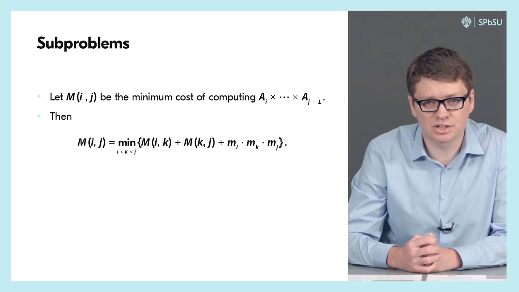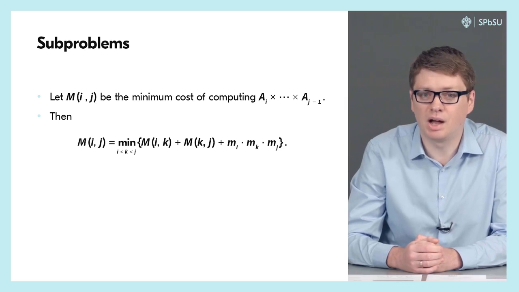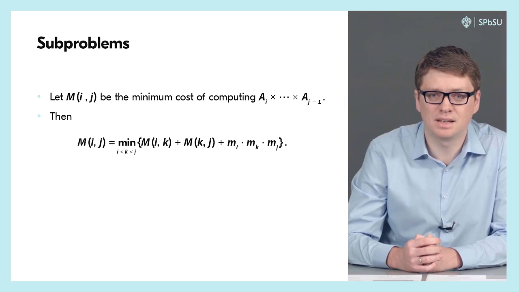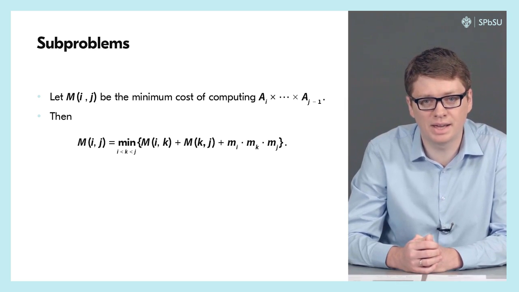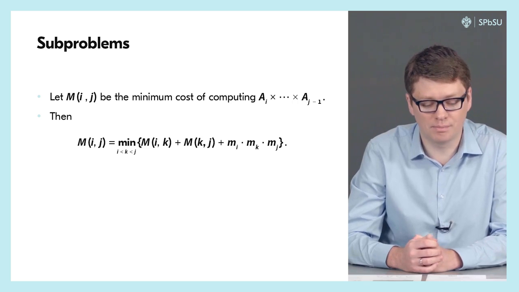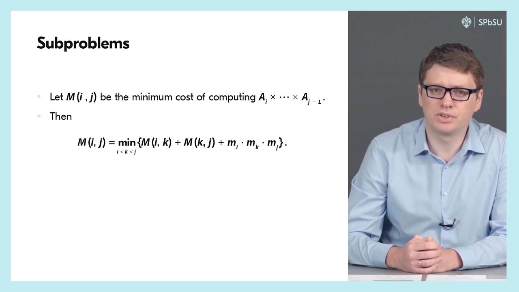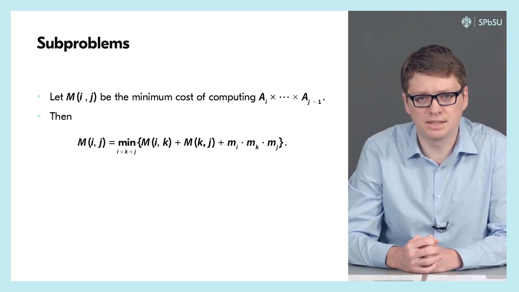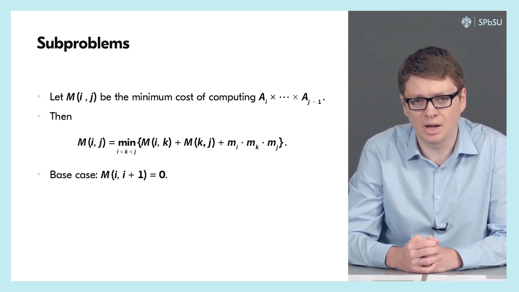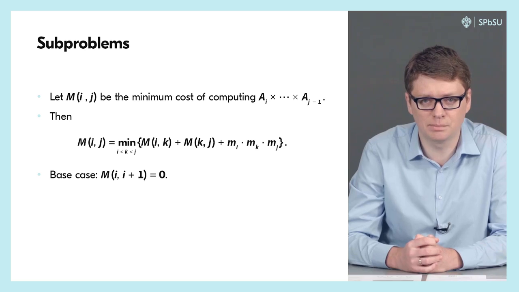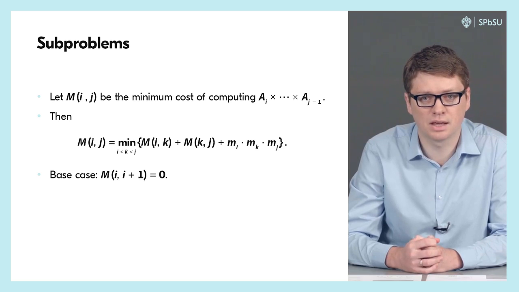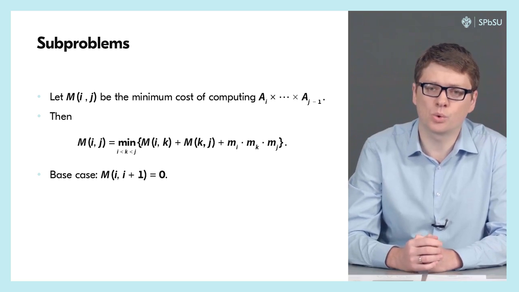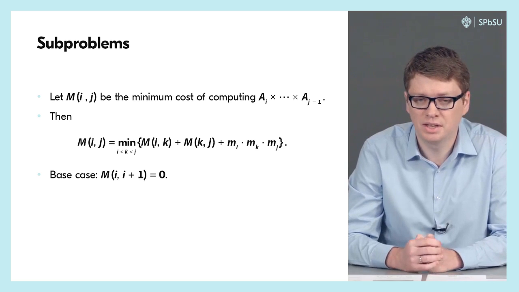The results actually have dimensions Mi times Mk and Mk times Mj. So the cost of multiplying these 2 matrices is Mi times Mk times Mj. Okay? There is also a base case where J is equal to I plus 1. In this case, we have a single matrix, so there is nothing to multiply, so the cost in this case is equal to 0.